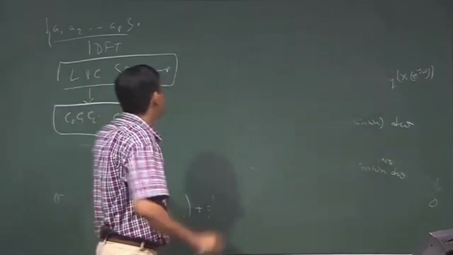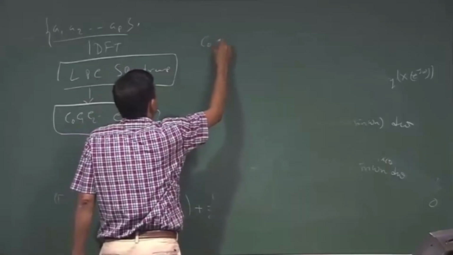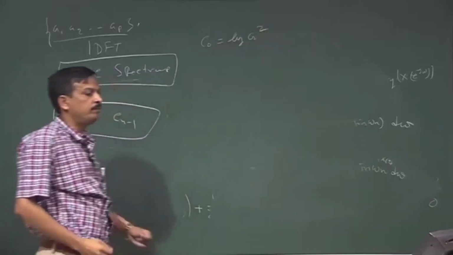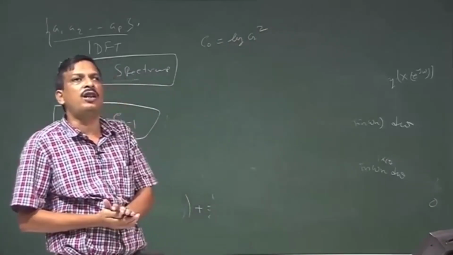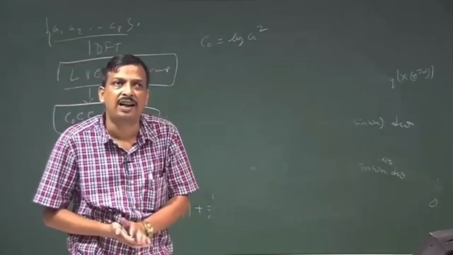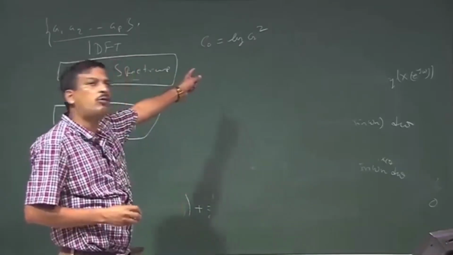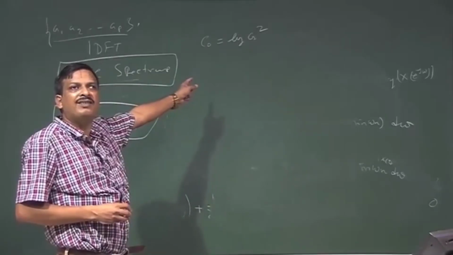We said that C0 is nothing but log of G square. What is G? G is called the gain, the model gain, the LPC gain. During the LPC analysis, I have already discussed how to calculate G for a given signal.